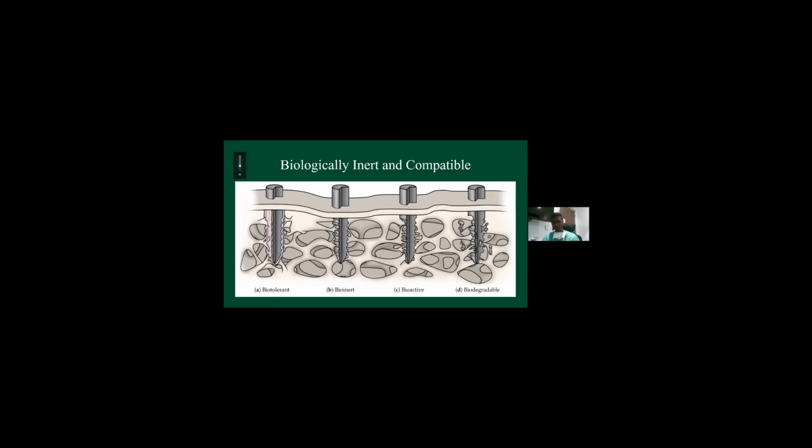In the case of spine surgeries, in the bone tissue microenvironment, bioactive materials are classified as either osteoconductive or osteoinductive materials. Osteoconductive materials are those that allow for bone growth along the surface of the bioactive material, and these include ceramics like hydroxyapatite and tricalcium phosphate. Osteoinductive materials are those that actually stimulate the growth of new bone.